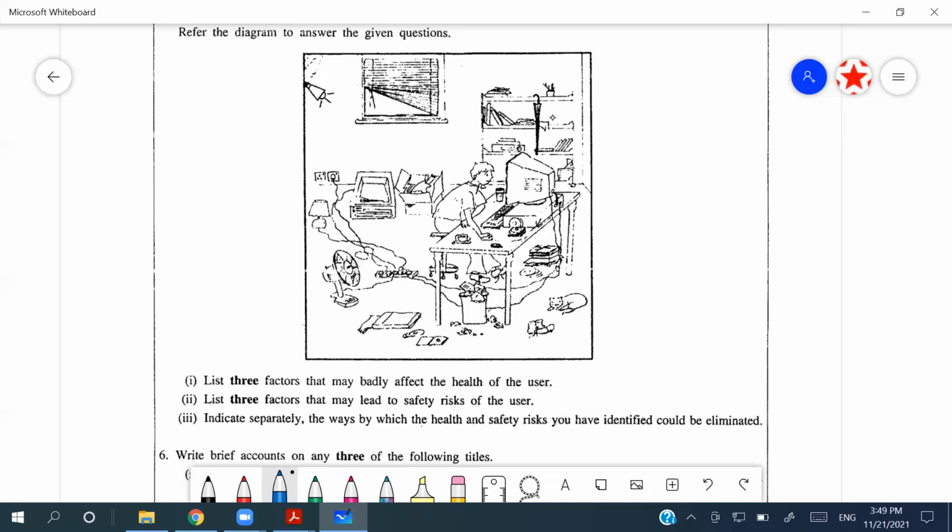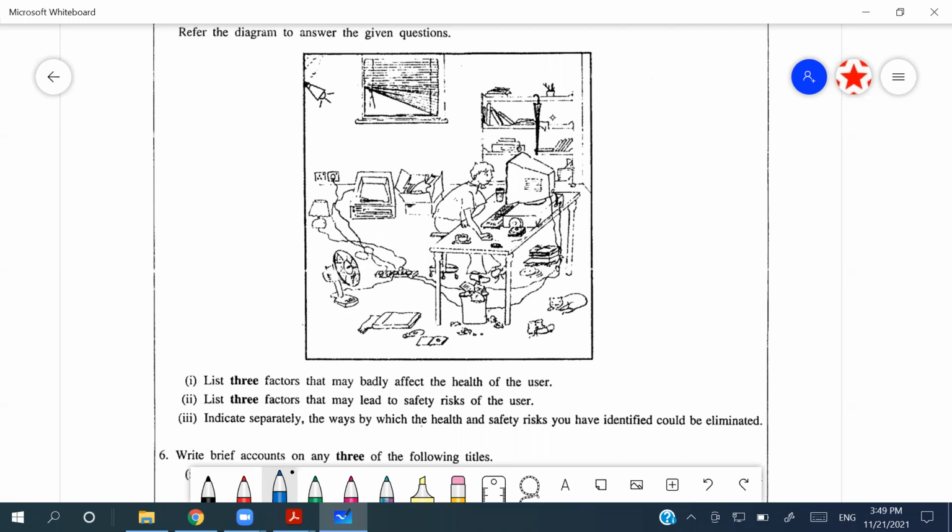He's too close to the computer monitor, so he can have computer vision syndrome. Since he is not taking the mouse in a proper way, he can have carpal tunnel syndrome. And since he is in a bad posture, he can have musculoskeletal problems.